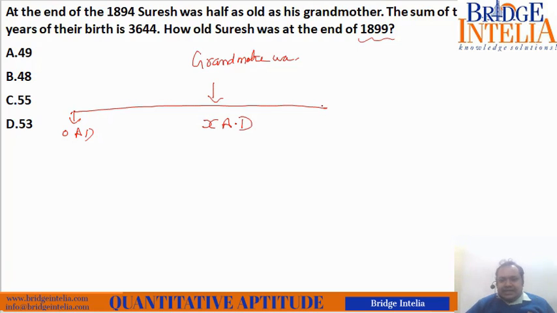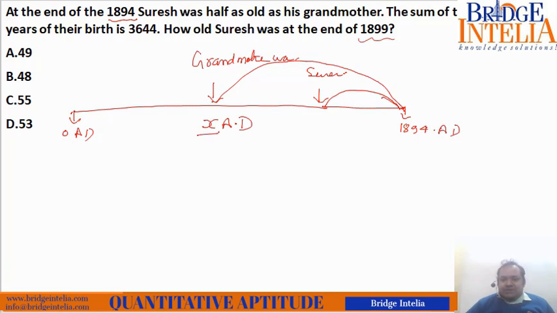At the end of 1894, so this is 1894 AD, let's suppose Suresh was born somewhere in between. So what is Suresh's age? Suresh's age is this gap. What is the grandmother's age? The grandmother's age is this gap. So she was born here.